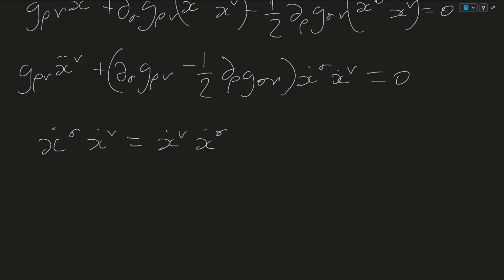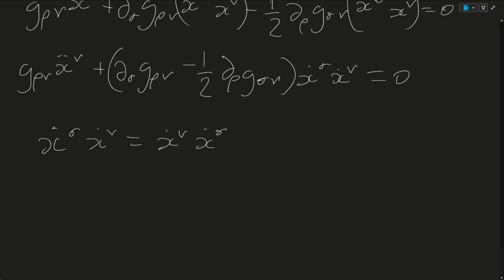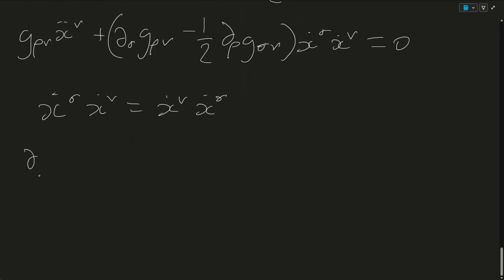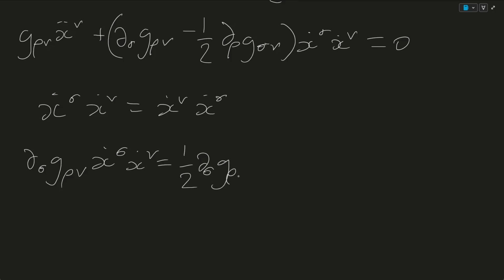What we want to do here is force symmetry, and how we do that is split the term into two identical halves and then swap dummy indices in the second half. So if we take this rho nu x dot sigma x dot nu, that's equal to half, because we know this is symmetrical, or rather we can force symmetry, plus another half partial sub sigma.